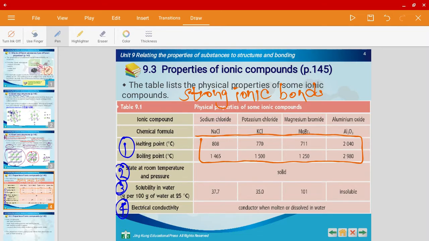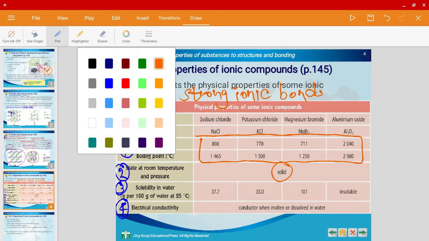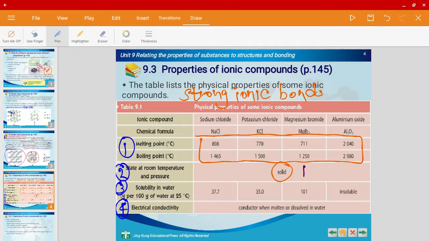We also learned about how ionic compounds are hard and solid at room temperature and pressure, and we also learned about them being brittle. I used an analogy with a hammer, so you can watch the previous video to get more information.